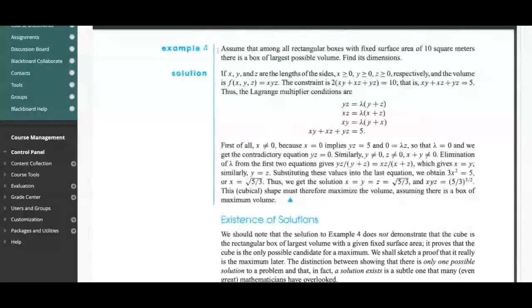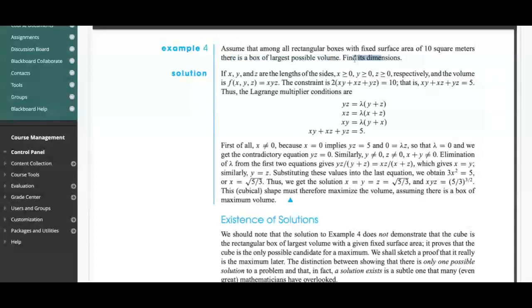Assume among all rectangular boxes with a fixed surface area of 10 square meters. So the constraint is the surface of this rectangular box is 10 square meters. Right? So we have to remember how to calculate the surface area of a rectangular box. And there is a box of largest possible volume.